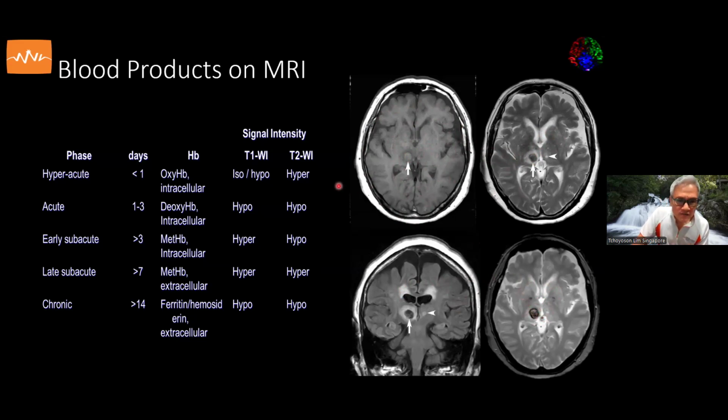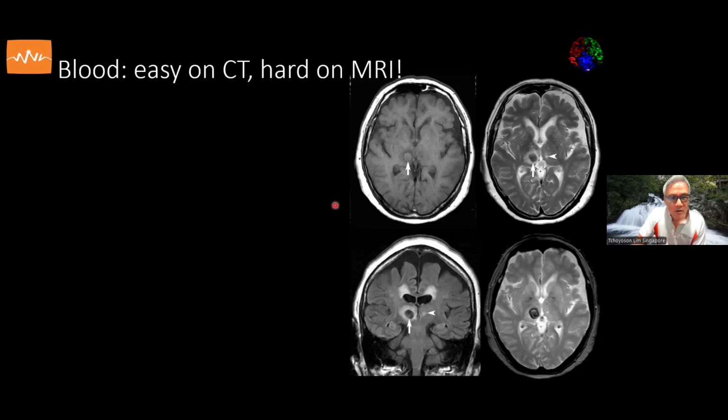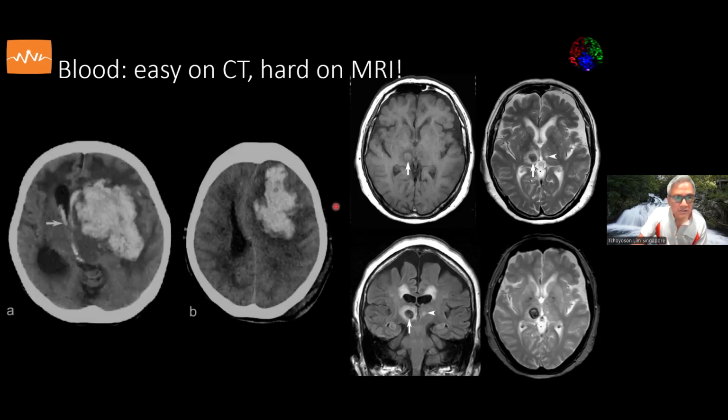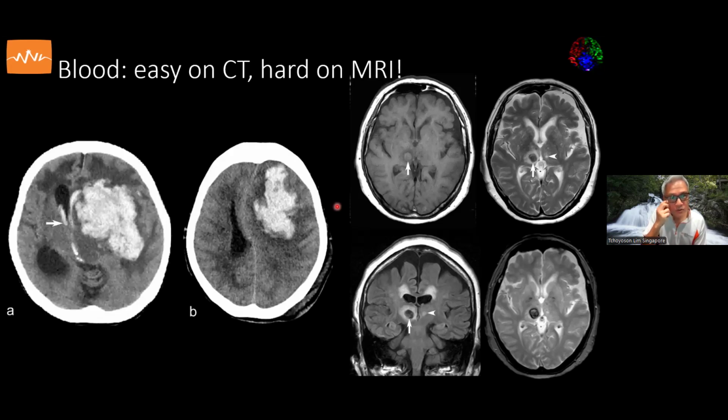So it's very much more complex on MRI, but it's a lot easier to detect and to make out on a CT. So here's an example of CT hyperdense intracranial hemorrhage compared to the MR signal intensities.